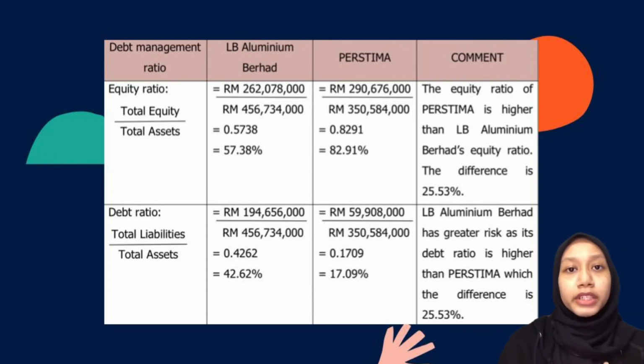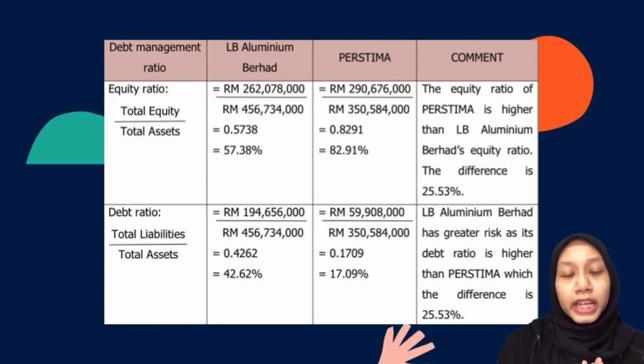So, for the company LB Aluminium Berhad, the total equity is RM262.78 million divided by total assets RM456.734 million. So, the equity ratio for LB Aluminium Berhad is 57.38%.